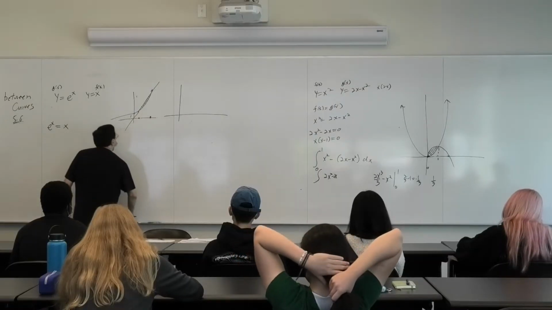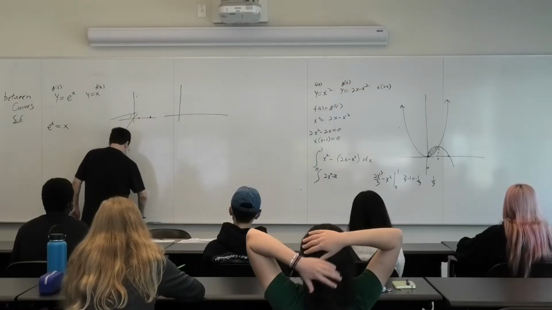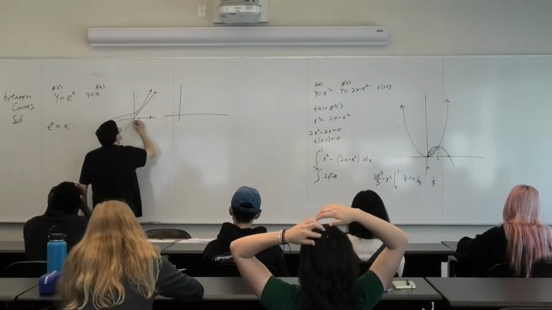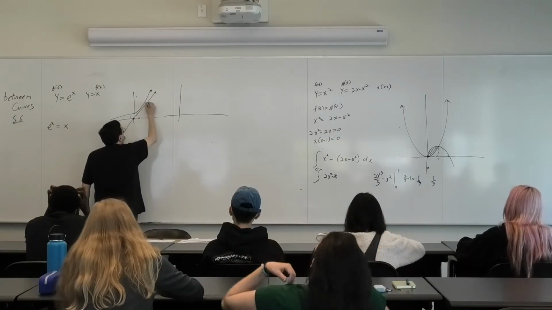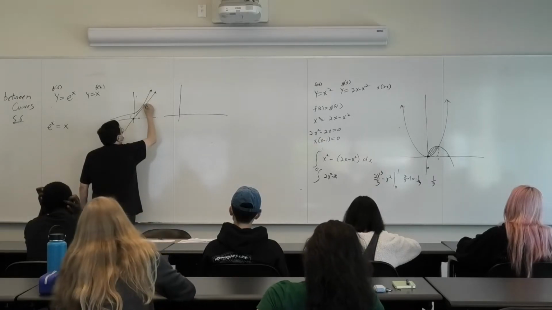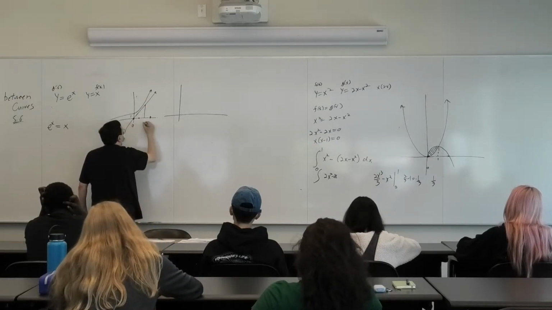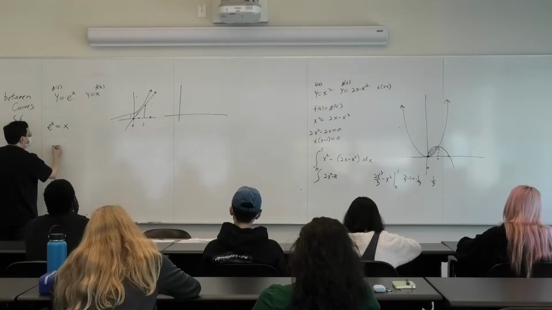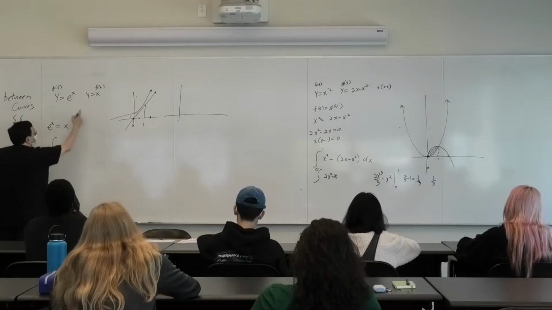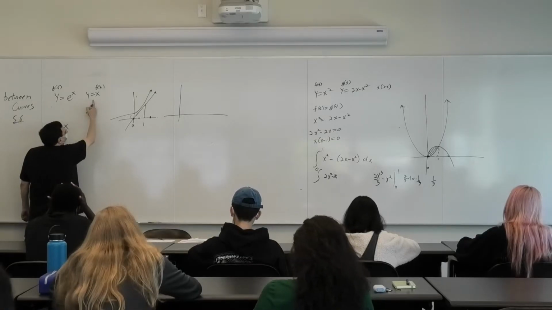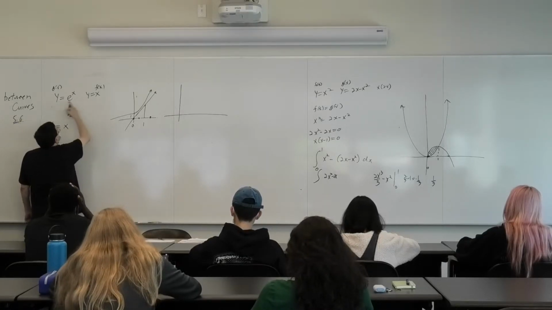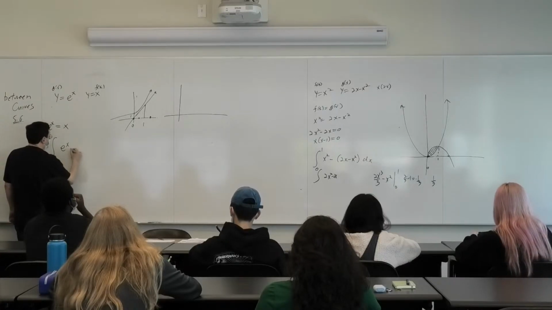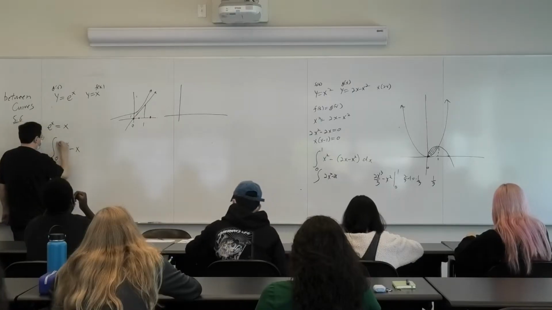So this is wrong. We're just asked to pick between 0 and 1. Again, as I pointed out incorrectly, this function is going to be the greater. So it'll be e to the x minus x from 0 to 1.